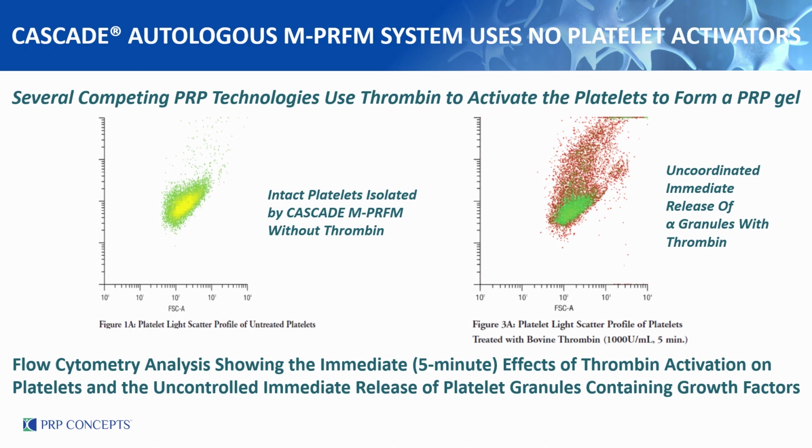Now, this is a picture of the two different types of PRP activation. This system activates platelets naturally, but without thrombin. Okay, so these are the intact platelets after they're delivered to the wound, or after the completion of the process. Here is representing when you're activating platelets with thrombin.